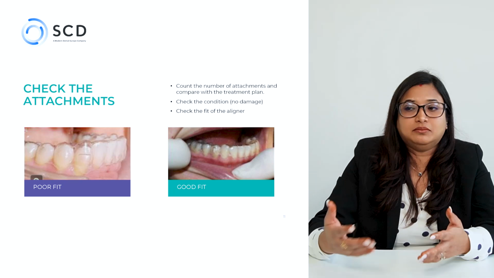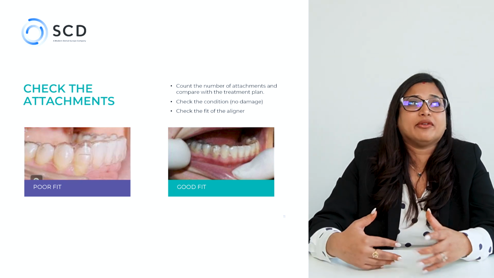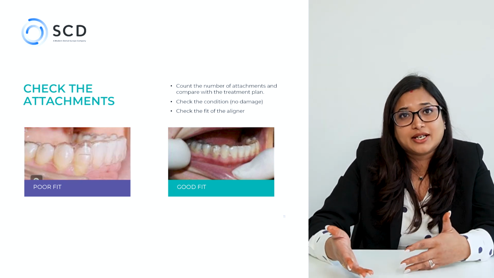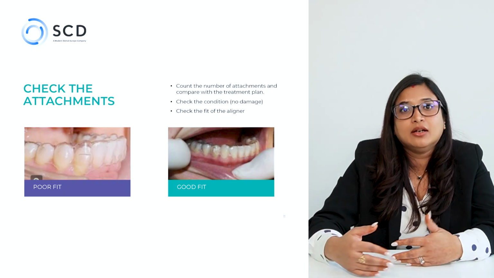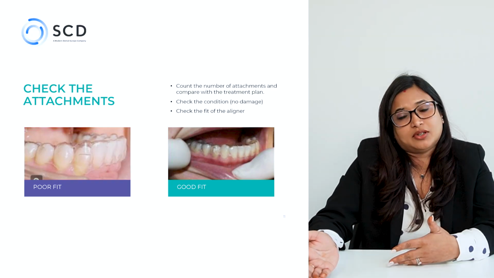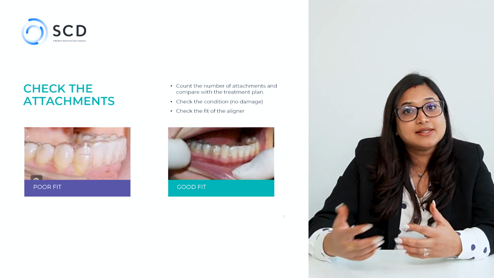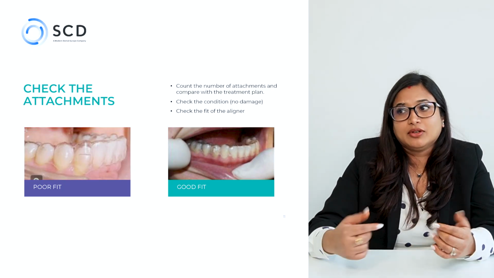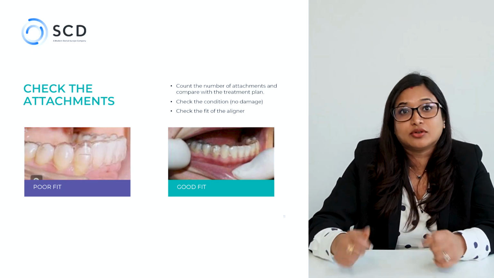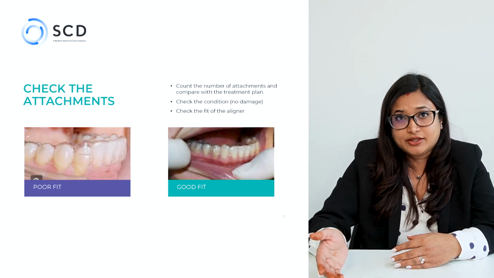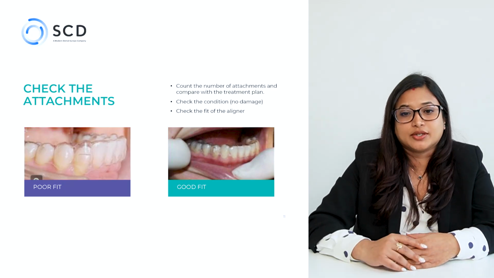Sometimes, if the composite is not good enough, or if the protocol was not followed properly while placing the attachment, wear of the attachment is very common. In such situations, the aligner might not fit very well, or be too tight, or too low. So it is a good indicator of whether the aligner is fitting well or not.